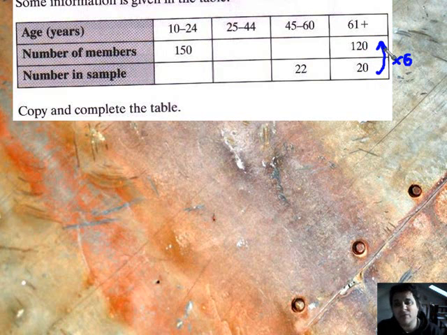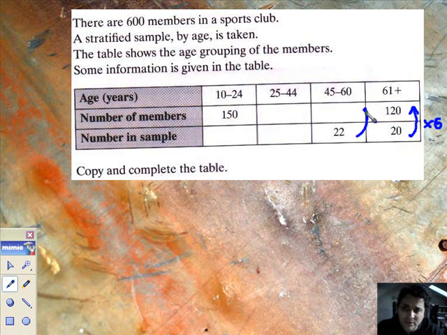Therefore, if I divide my 120 by 6, I'll get 20. So if I take my 22 45 60 year olds and multiply that by 6, because it's the same proportion, don't forget, 6 of those is 132. That's dead easy, isn't it?